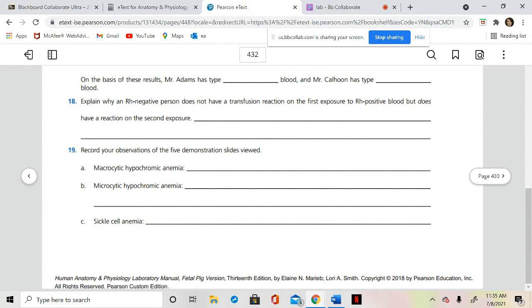And then they want you to use this slide view. Look at this slide and tell us, you are just going to imagine virtually that you are looking at it. They gave you this disease, macrocytic hypochromic anemia. Macro means large, and anemia has to do with red cells, so for sure the red cells should look larger.